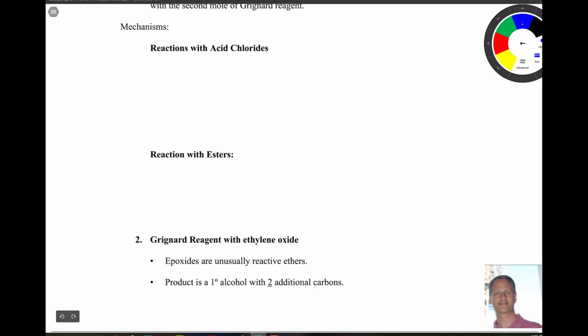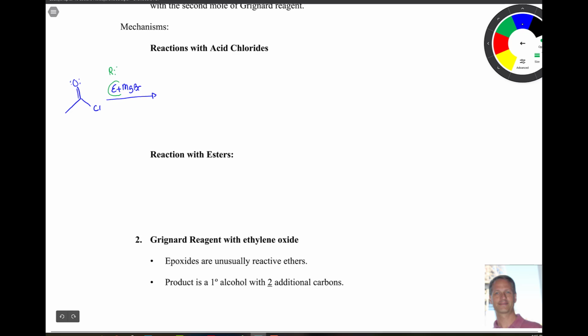So let's take for our acid chloride, let's take this, and to that, I'm sorry, that's a Cl, and to that let's add EtMgBr. So that's the R minus thing, right?